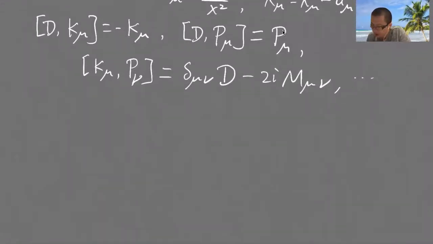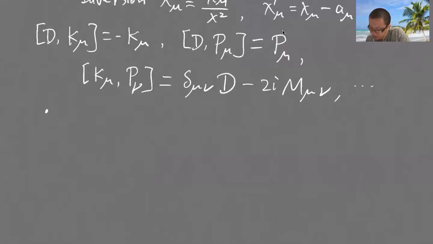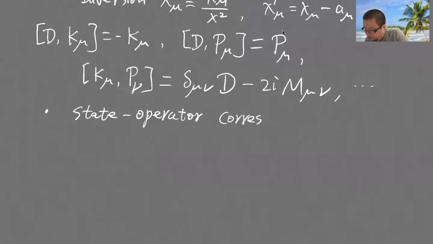One important aspect of conformal field theory is the so-called state-operator correspondence. Namely, there is a one-to-one correspondence between a local operator and a state in a CFT.